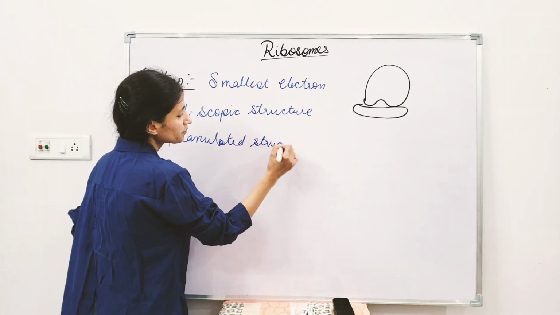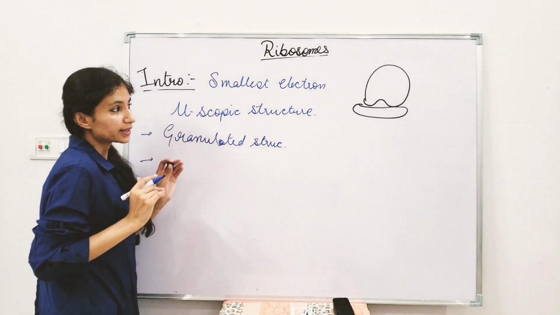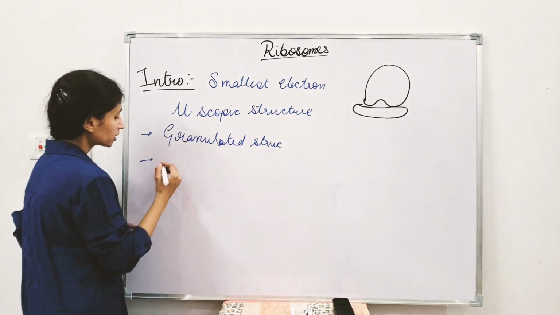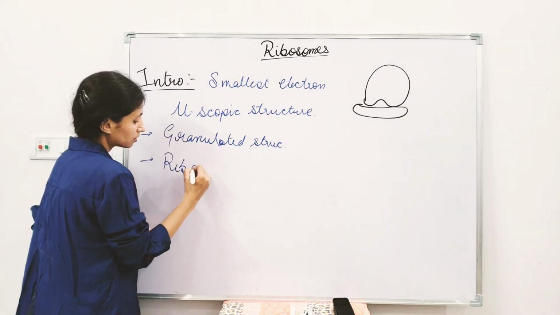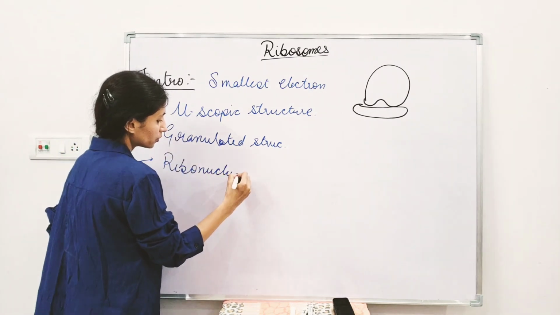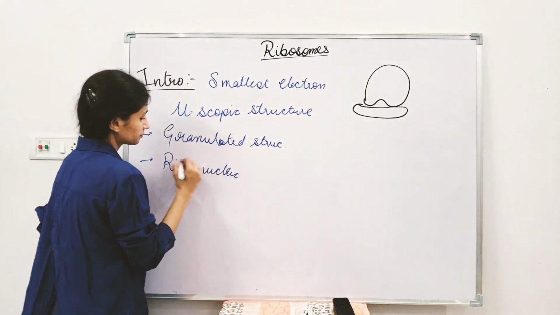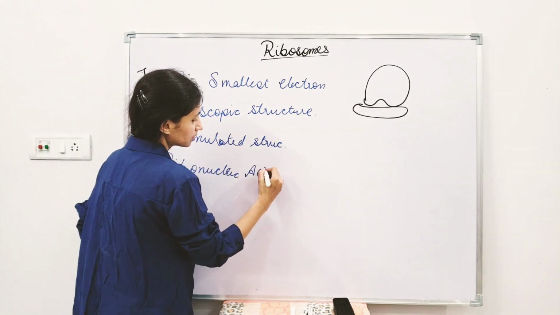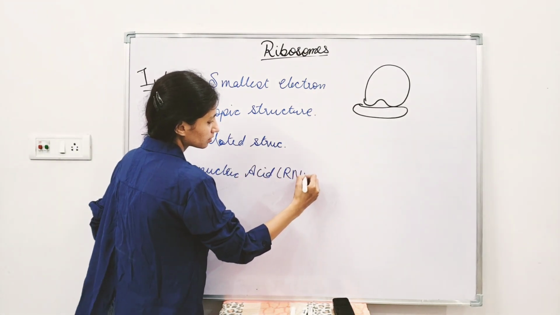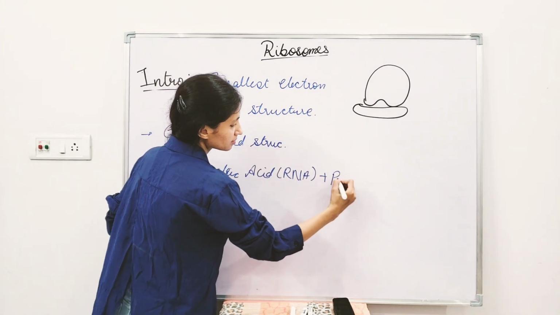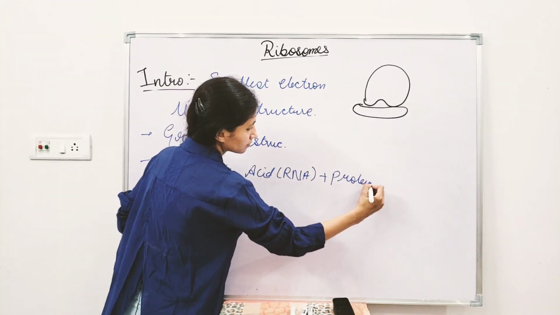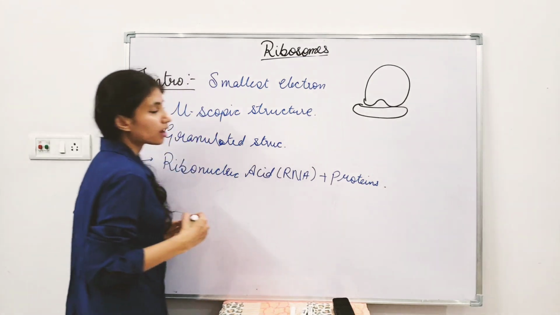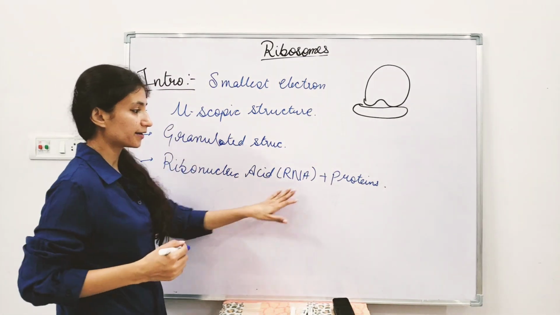If you look at them, they are made up of two things, that is ribonucleic acid, that is your RNA, plus proteins. So a ribosome is made up of RNA and proteins.